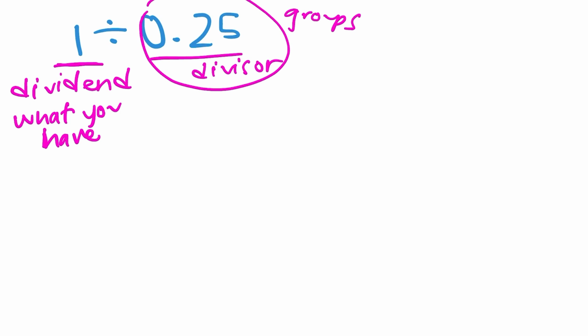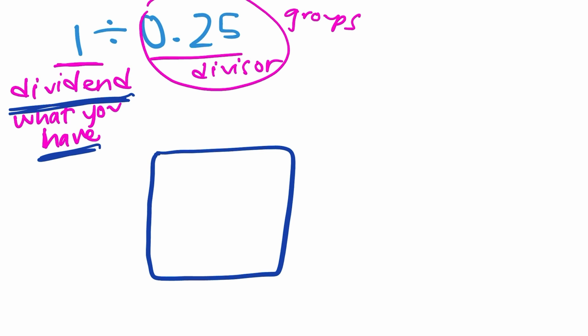When doing models, you always start by drawing your dividend. Draw what you have. So we have one whole, so I'm going to draw one whole, and we're going to divide that whole into groups of 25 hundredths. It's a little tricky to just divide one square into 25 hundredths like this. So what I always like to do when drawing models is turn my one whole into 100 hundredths.